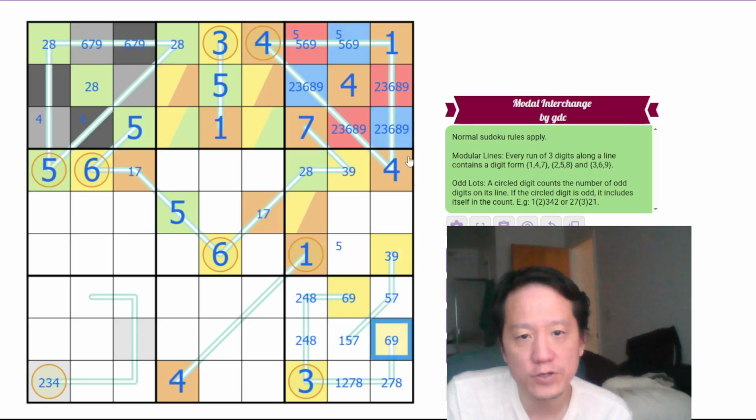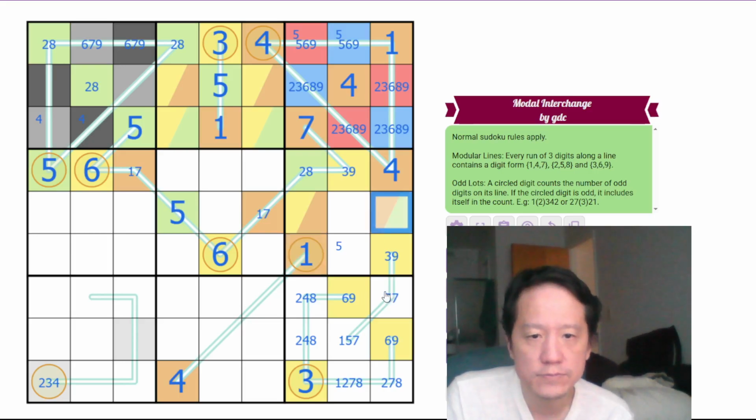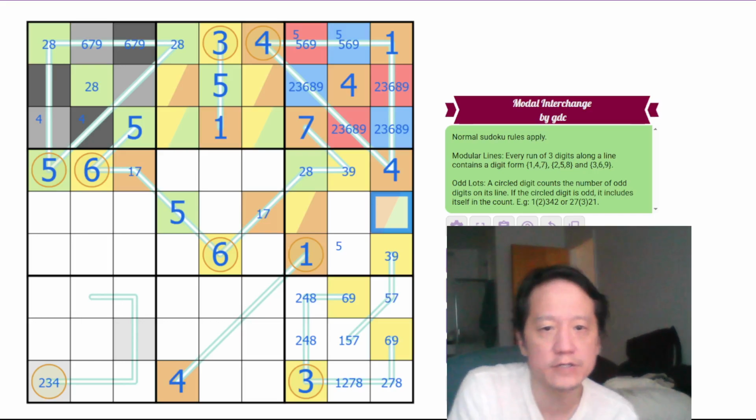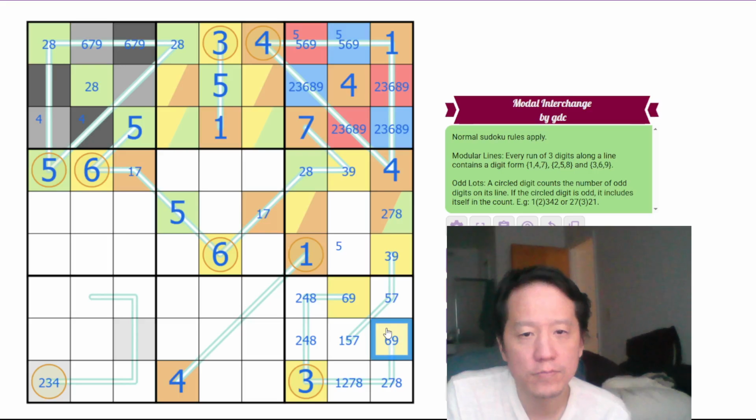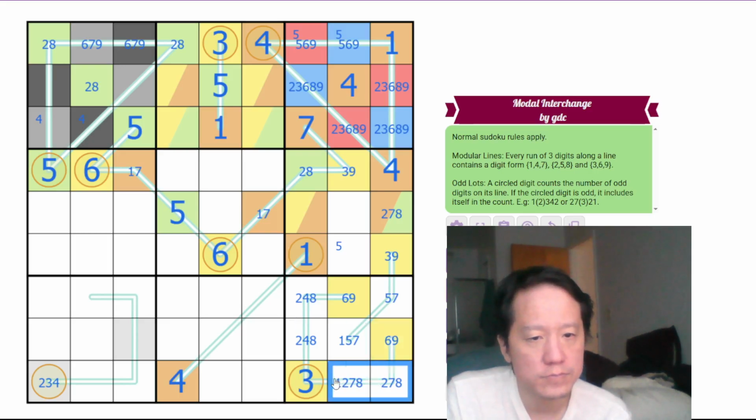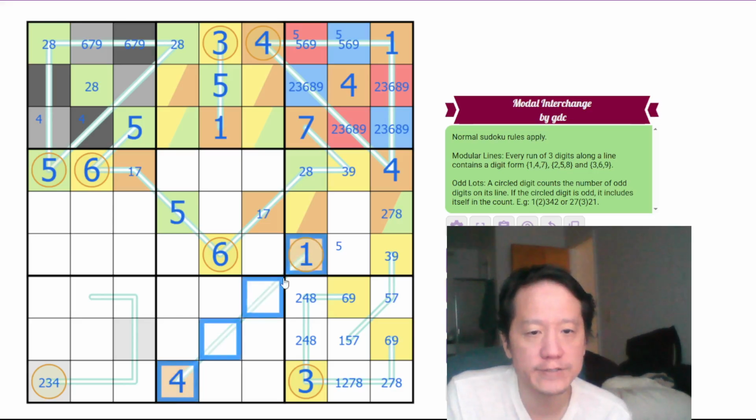Both yellows are here, so this is yellow. This cannot be yellow here. It could be orange or blue or green, sorry. Which means it's 2 or 8, or it's 7 here. This is 1 odd digit on this line, so these are even.